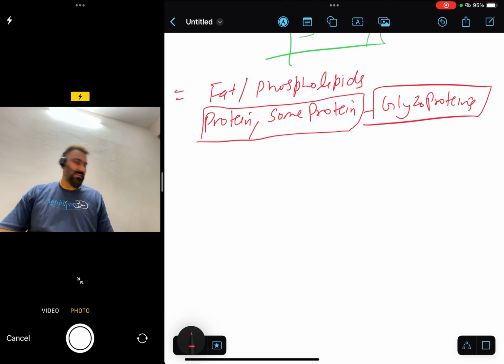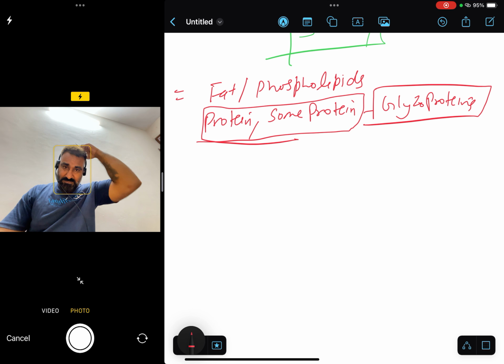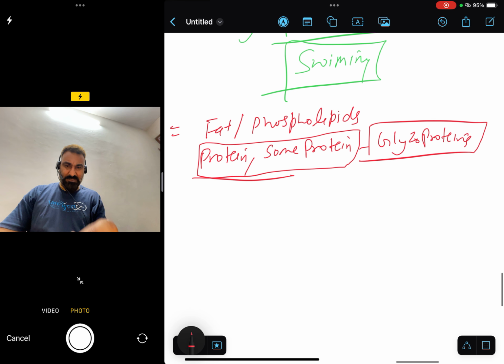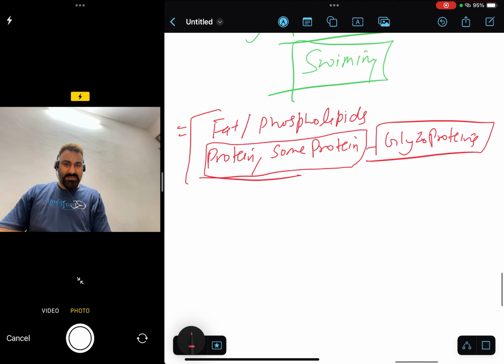We will discuss the cell membrane separately in another video, when we discuss the eukaryotes and their cell organelles one by one. So we will discuss these proteins, cell membrane and phospholipids in a next video. For that we must know about the proteins, fat, and carbohydrates.